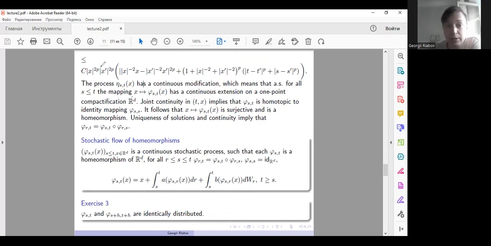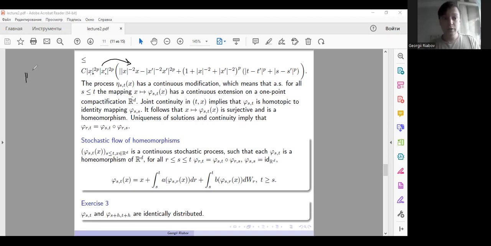Now what remains is to put these factors inside. And we will get the right estimate, which shows that eta has a continuous modification, which means that the process phi tends to infinity as soon as the norm of x tends to infinity.